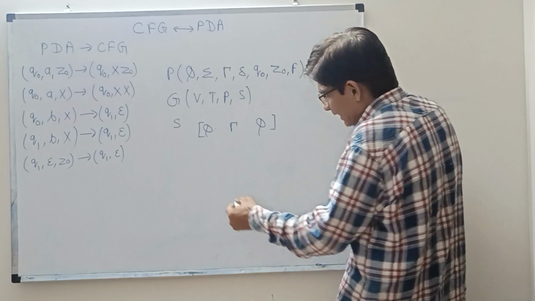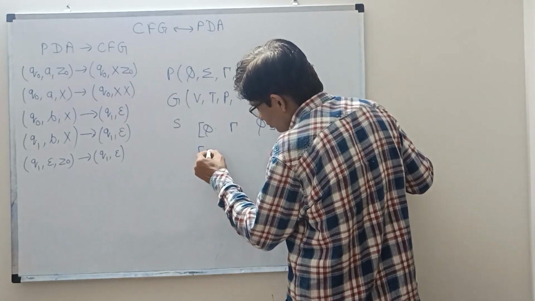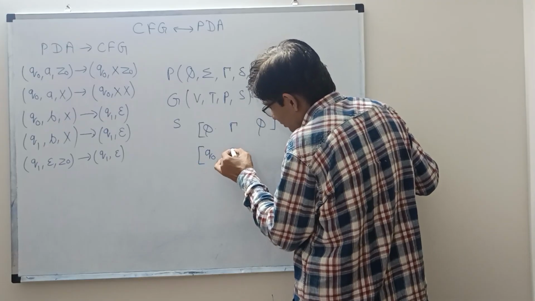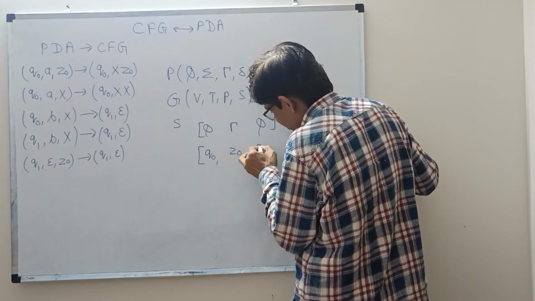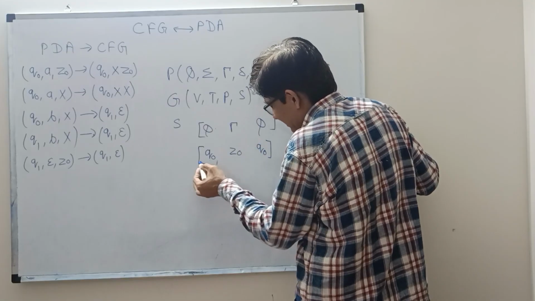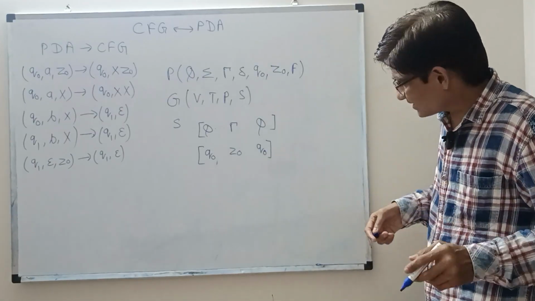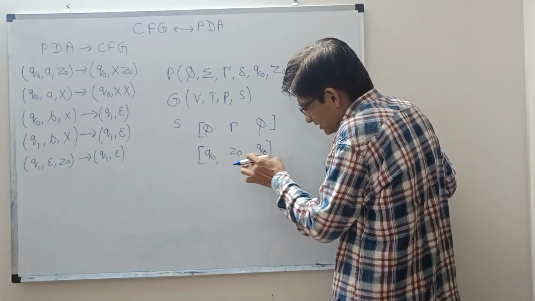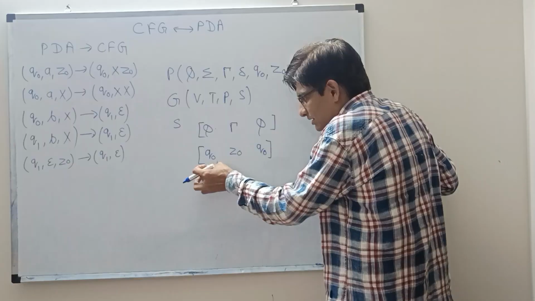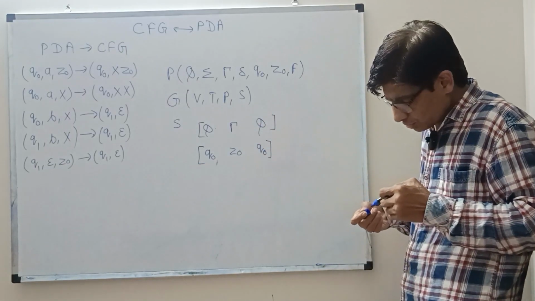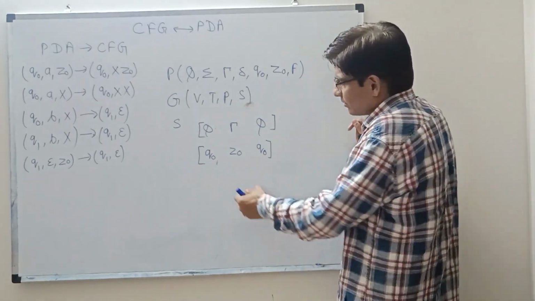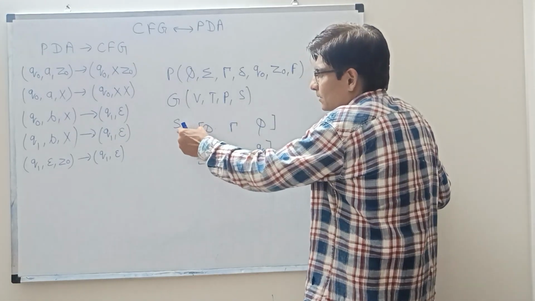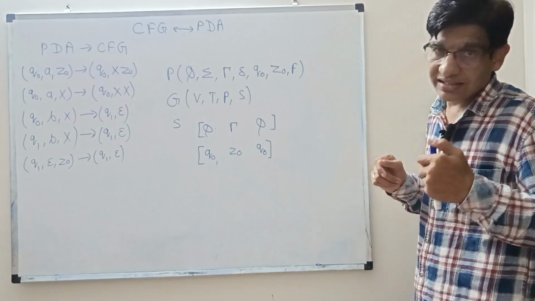For example, I can have Q0, then Z0, and Q0. This would be considered a variable name. So this is the format of the triple, and this is one instance of a triple, the name of one variable. In this format, we will represent all variables of the grammar except the start variable, which is represented as a single alphabet.